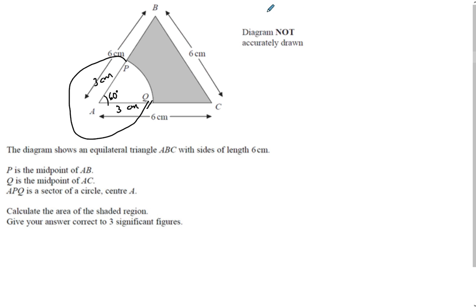You get a lot of questions like this, when you've got to take the area of the big thing minus the area of the small thing, and then you'd be left with the area of the shaded bit, the remainder. So preparing it, we're going to go the area of ABC, minus the area of APQ.